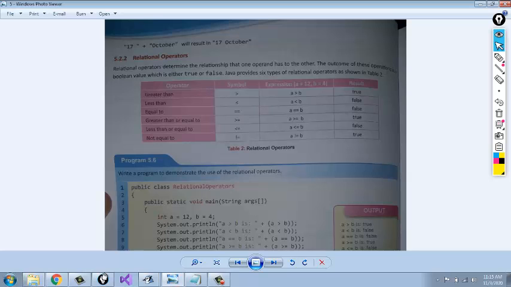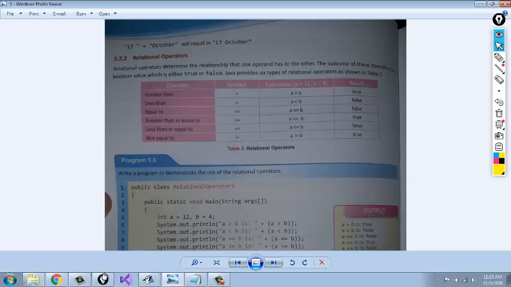Then A greater than or equal to B. When will we get the output of this expression as true? There are two conditions: either the value of A must be greater than B or the value of A equal to B. If any one of these two conditions is met, then the result of this expression will be true.